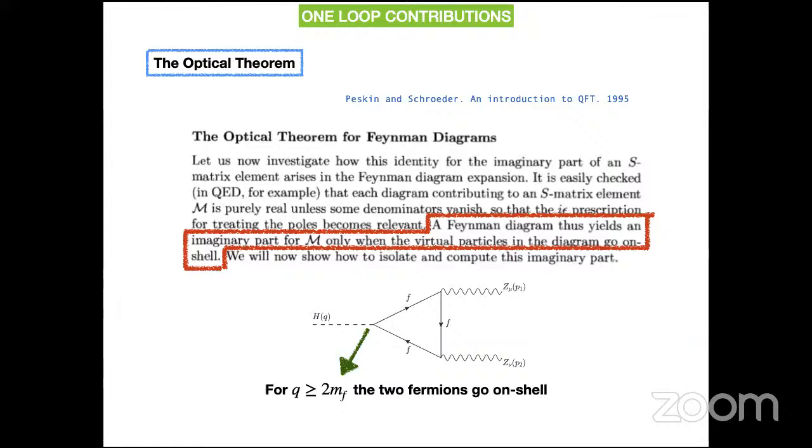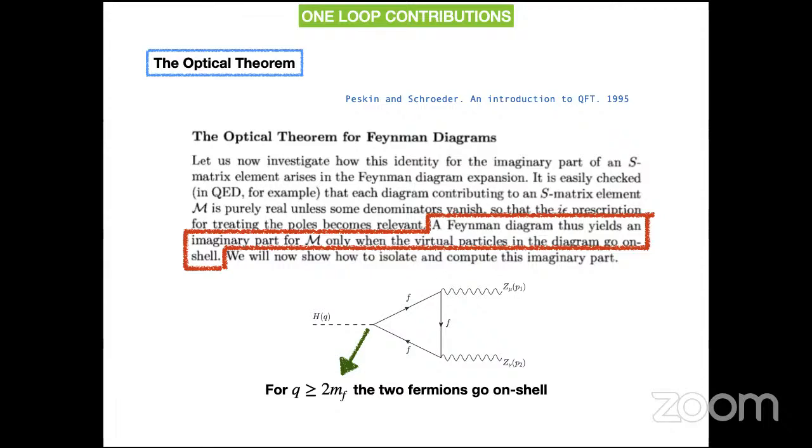For Q equal or higher than 2 times the mass of the fermion in the loop, the amplitude of this Feynman diagram will acquire an imaginary part, and in general, the amplitude will be complex, right? So we have a complex amplitude, and we can extract well-behaved observables from this amplitude.